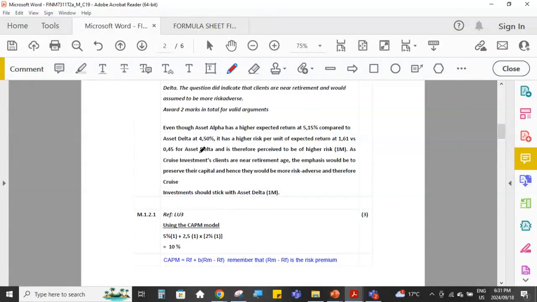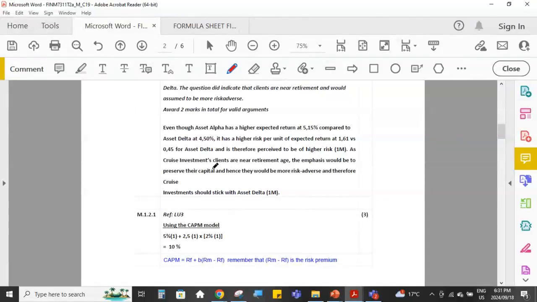And remember, I said to you we highlighted the fact that the clients considering the swap are nearing retirement age. So because these clients are near retirement age, this means that they would want to be risk averse, not to take on risk and risk their retirement savings on a risky investment at this stage of the game.